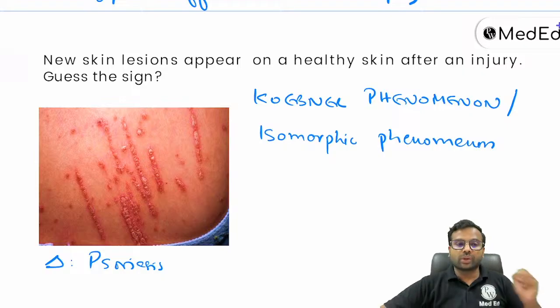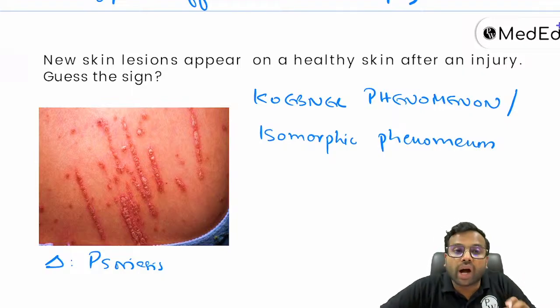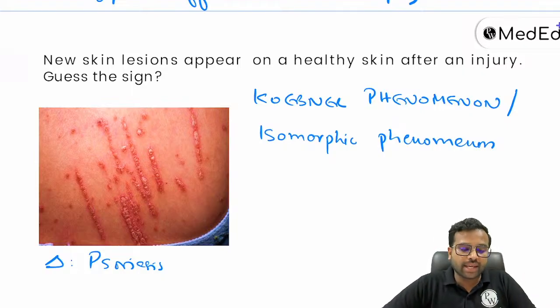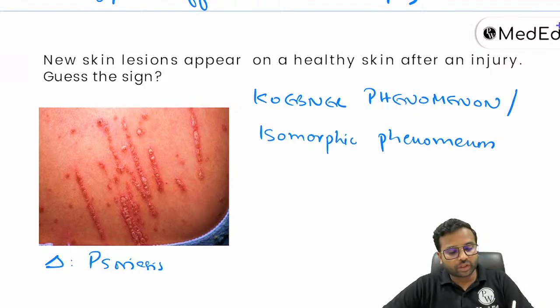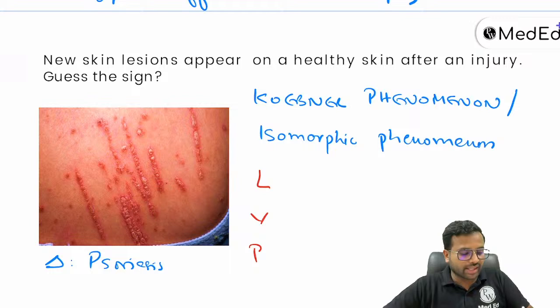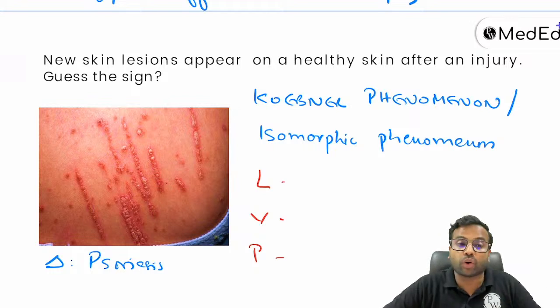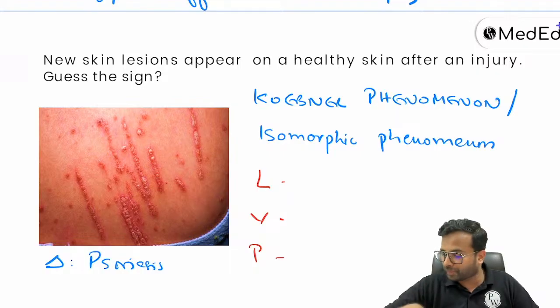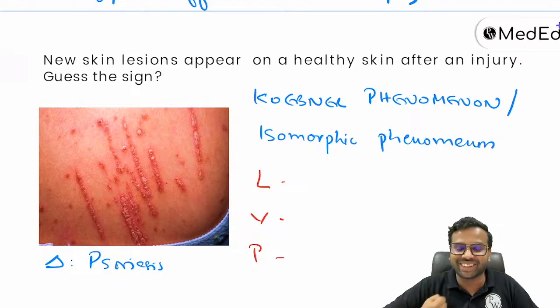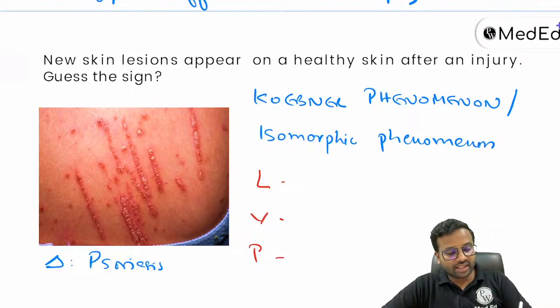Excellent. Here, please remember, what are the diseases where you can see a positive Koebner phenomenon? For you to remember, you can remember it as LVP. These are the three diseases where you can get a positive Koebner phenomenon, where L stands for, take it as a revision session, L is for lichen planus.